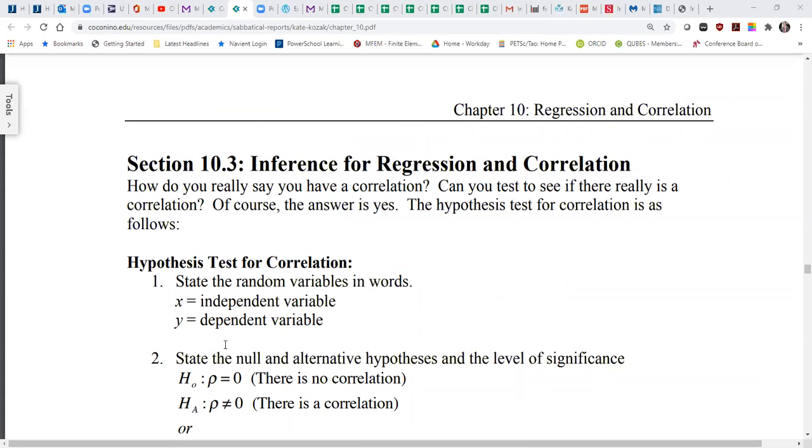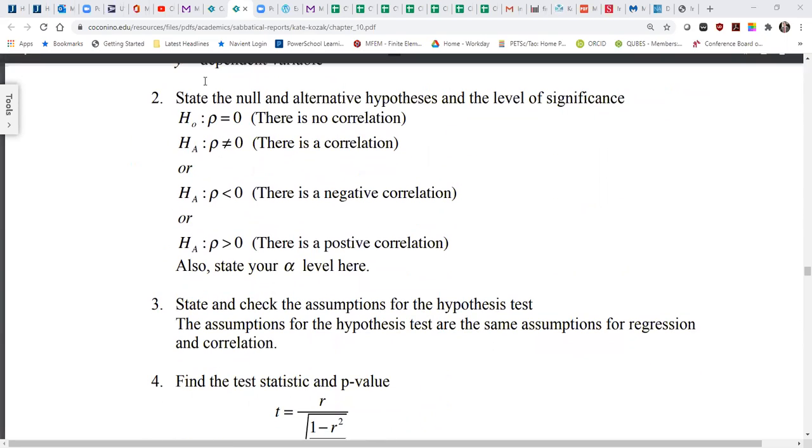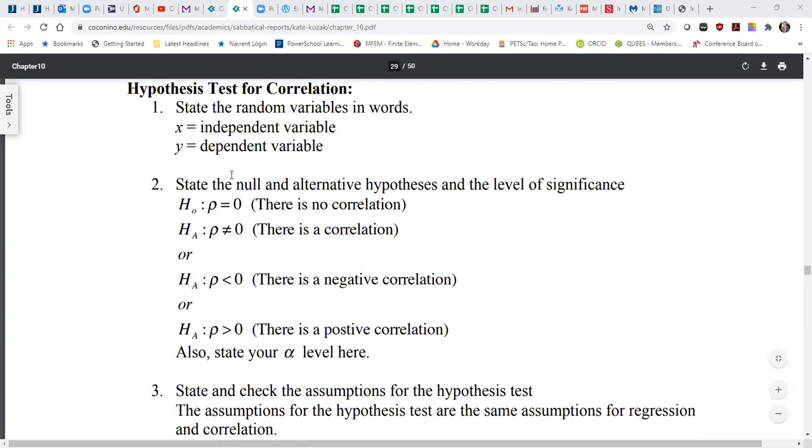So these are the steps. One, you need to state the random variables, right? The x is the independent variable, the y is the dependent variable. And then you can state whether there is no correlation, or a negative correlation, or a positive correlation. And then you need to state the alpha level or the confidence level, right?